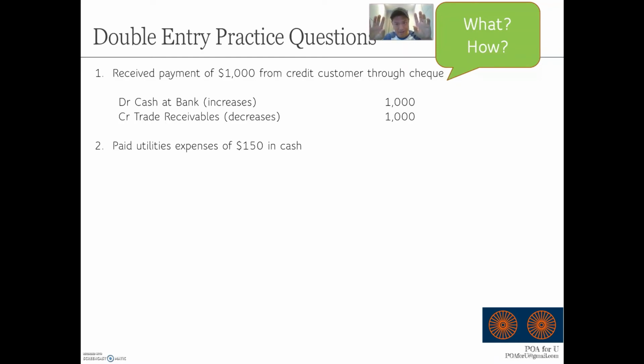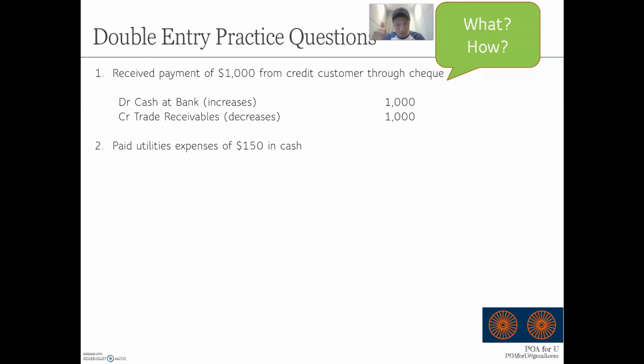So utilities, what is it? It's asset, liability, expense, income. It's an expense, right? It happens every month. So assets, expenses are debit in nature, so I would debit the utilities because I paid additional utilities, right, for this.